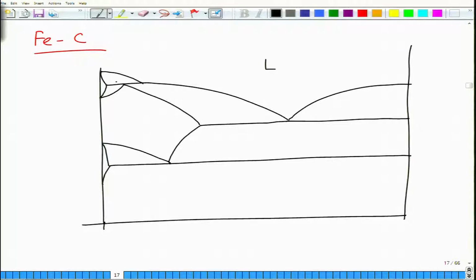You will have the liquid phase, gamma, alpha, liquid plus Fe3C, liquid plus gamma, gamma plus Fe3C. This will be liquid plus alpha, alpha plus gamma. This is, no, sorry, this is not alpha, this is delta, and this is alpha, this is alpha plus Fe3C.